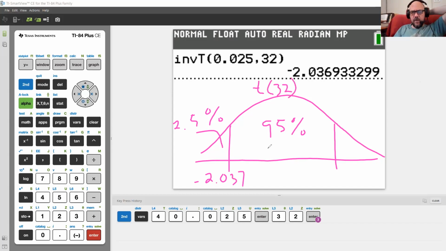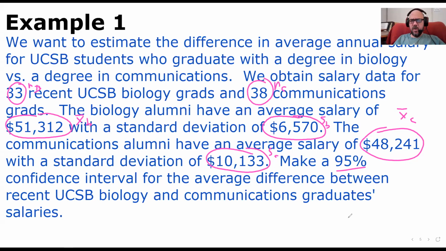So if I go 2.037 standard errors away from the mean on either side of T32, that gets me 95% in the middle and 2.5% therefore on either side, because there's 5% split in half on the outsides. So there is my critical value, 2.037. You can just drop the negative, it doesn't matter. You're going to do plus or minus anyway, so it works fine either way. I just always leave it positive. I think everybody always leaves it positive, to be honest.